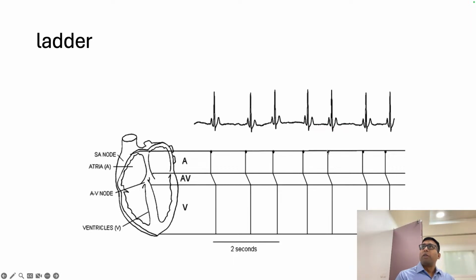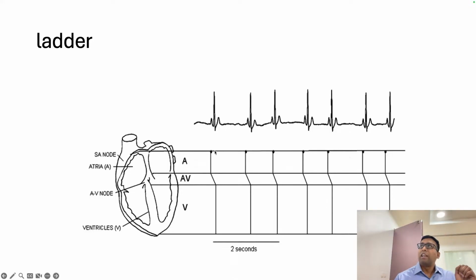So when we are discussing the ECG in electrophysiology, we never go by repolarization and depolarization. That is for injury, for the intervention. Here we are seeing the electrical activity over time. So we call it a ladder. Like a ladder, when the current is flowing from up to down, we have to see.